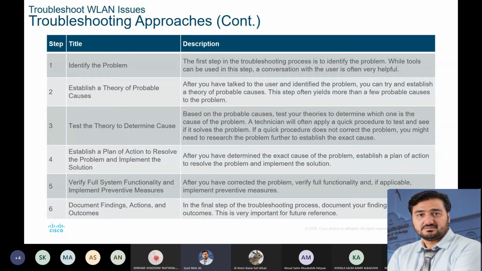We will do a practical on how you can troubleshoot wireless LAN issues, or network issues, but specifically we will go for the wireless LAN, because this chapter focuses on the wireless LAN. Most people now are using wireless, because they don't prefer to use wired.